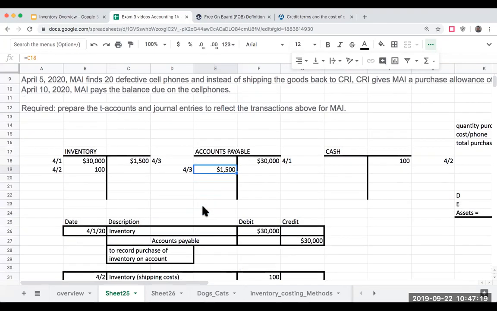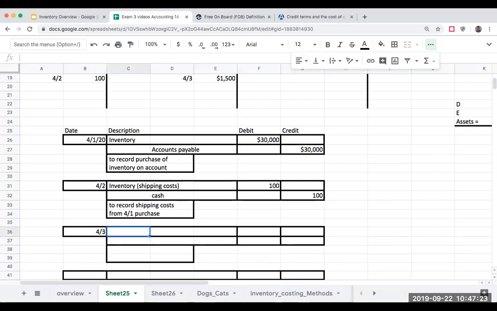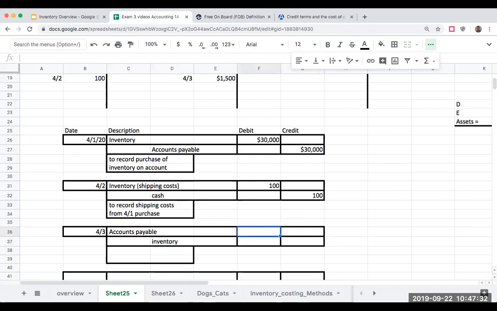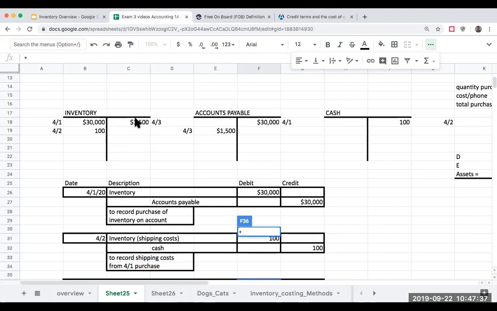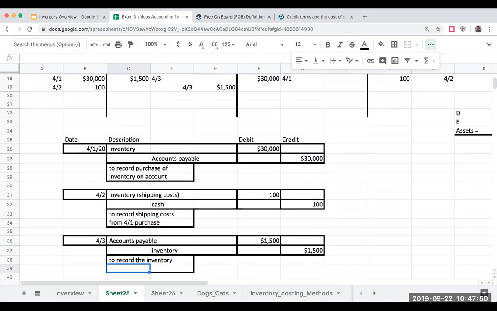So to do this as a journal entry on April 3rd, I'm going to be debiting accounts payable and crediting inventory for $1,500, to record the inventory return.